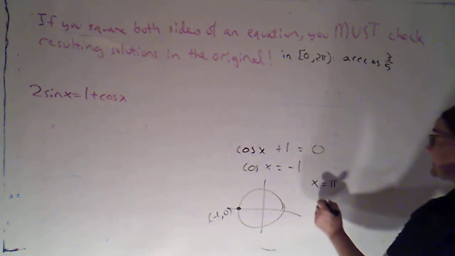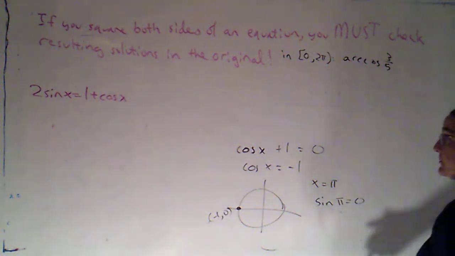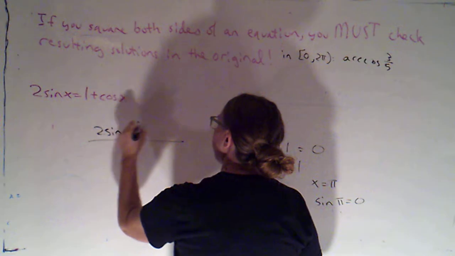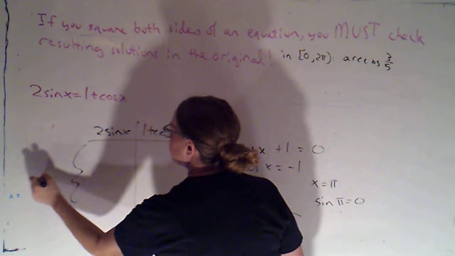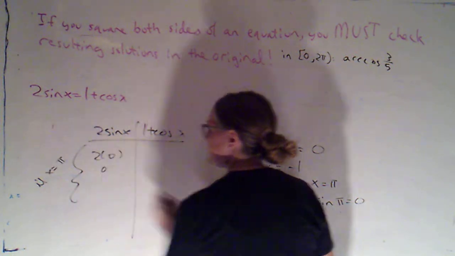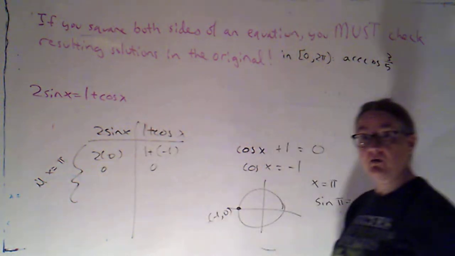And of course, if x is equal to pi, sine of pi is equal to 0. So let's again create our table with the left-hand side and the right-hand side. If I'm looking at if x is equal to pi, this becomes 2 times 0, which is 0. This becomes 1 plus negative 1, which is 0.